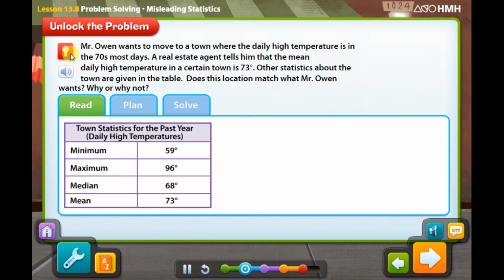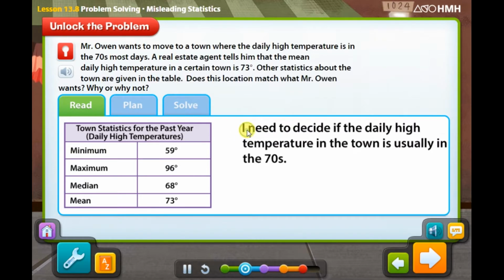First, read the problem. What do you need to do? I need to know if most of the temperatures are between 70 and 79. So let's interpret the information from the table. You need to decide if the daily high temperature in the town is usually in the 70s.